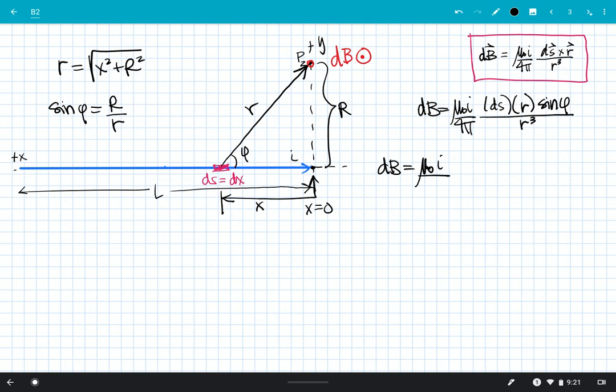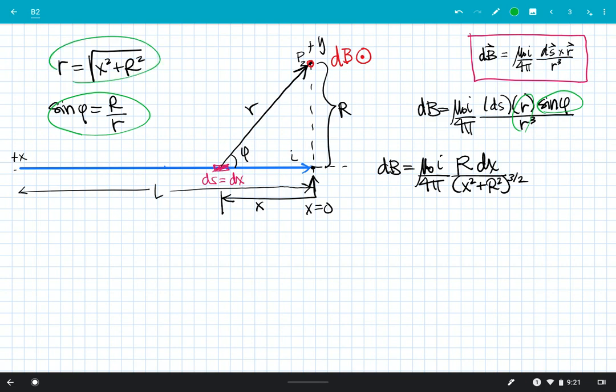My dB is mu naught I over 4 pi, big R dx over x squared plus big R squared all to the 3/2 power. That's just making the substitution for sine phi, and making the substitution for r here.